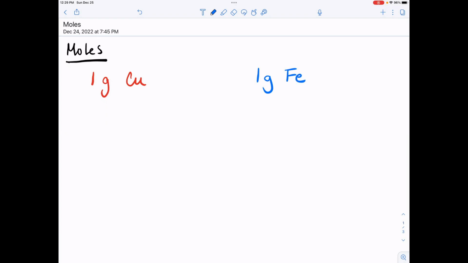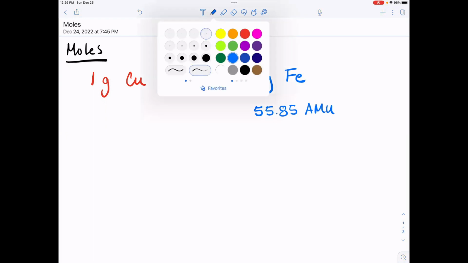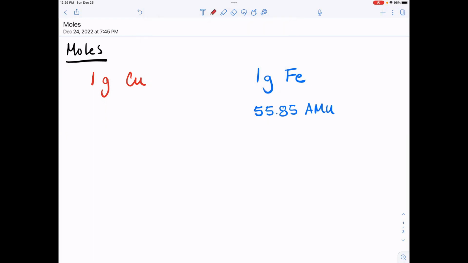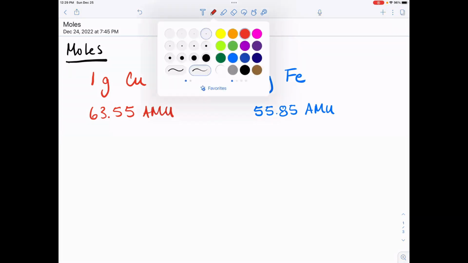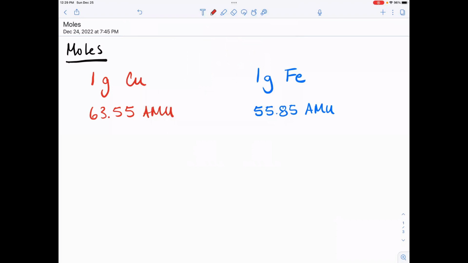The atomic mass of iron is 55.85 AMU, and the atomic mass of copper is 63.55 AMU. So we see right away that the mass of copper is greater than that of iron.